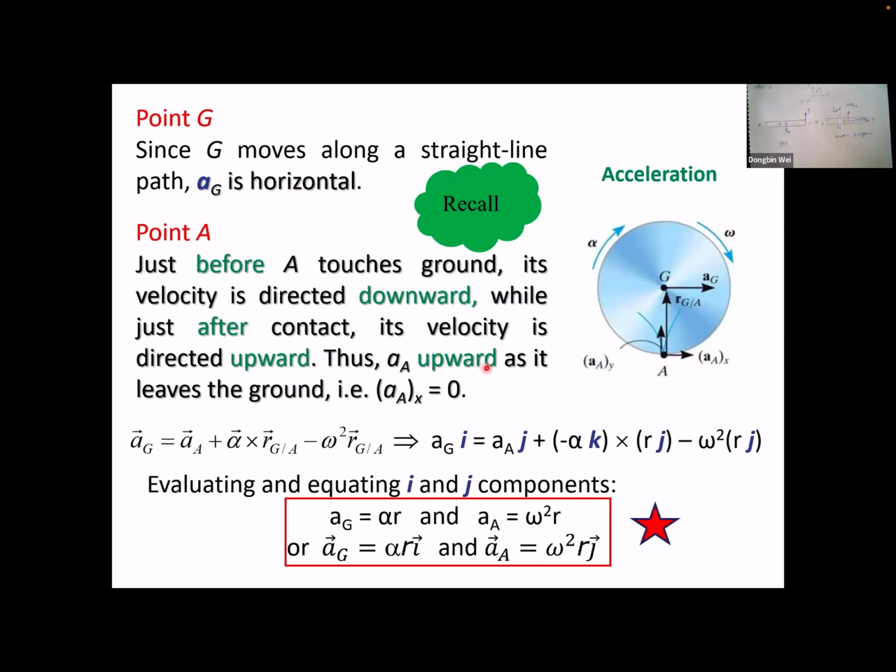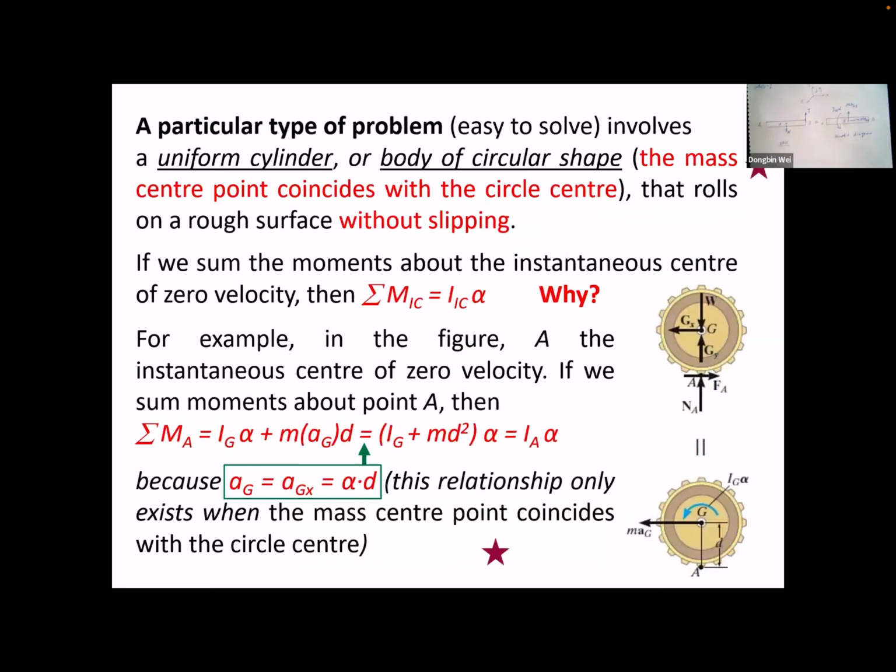We studied acceleration of rolling without slipping. In this case, we have the conclusion AG is equal to alpha times the distance from G to A, and in this one here, this AG is actually AGX. If you don't remember this, you can refer back to what we studied in week 3.